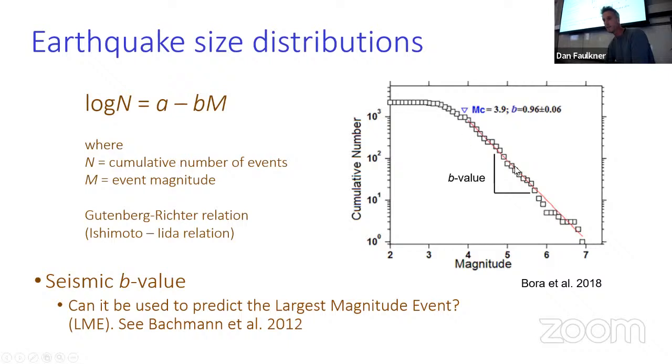But if we're lucky enough to record enough of those small events, we can extrapolate and try to make some predictions about how frequently we would expect larger events to occur.